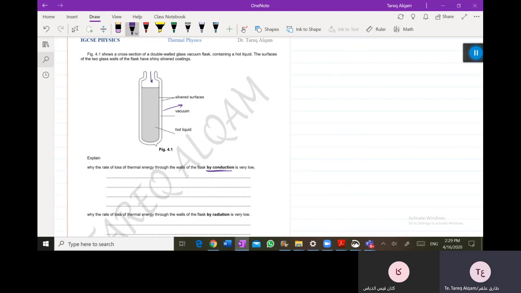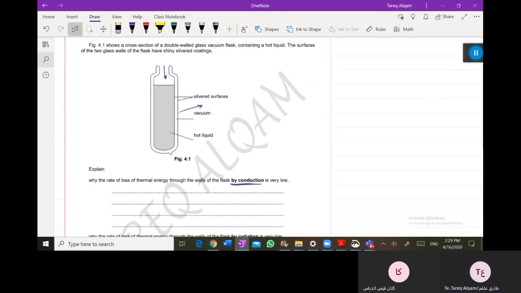Conduction means to reduce the conduction. This means I have to use an insulator. Right? I have to use what? An insulator. Where is the insulator here? It is the air gap or the vacuum, this is the insulator.